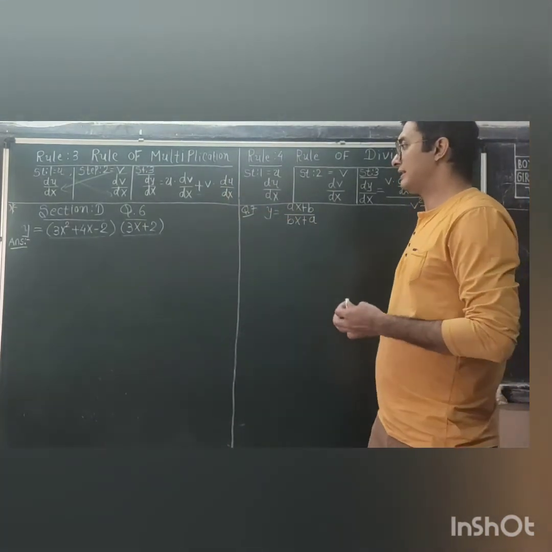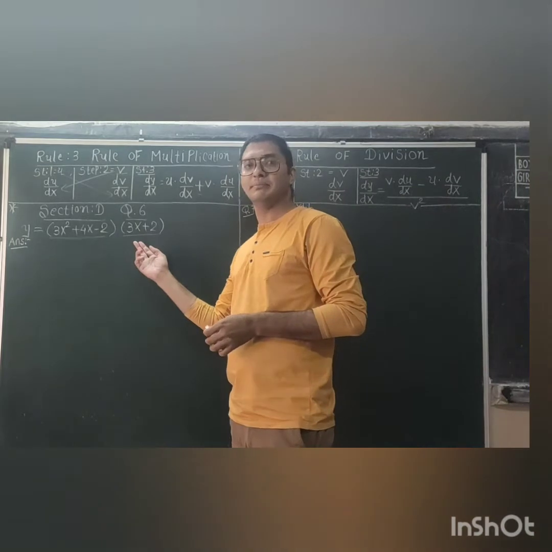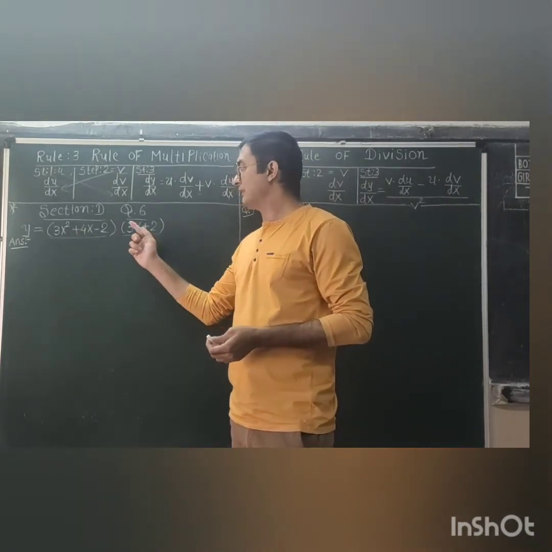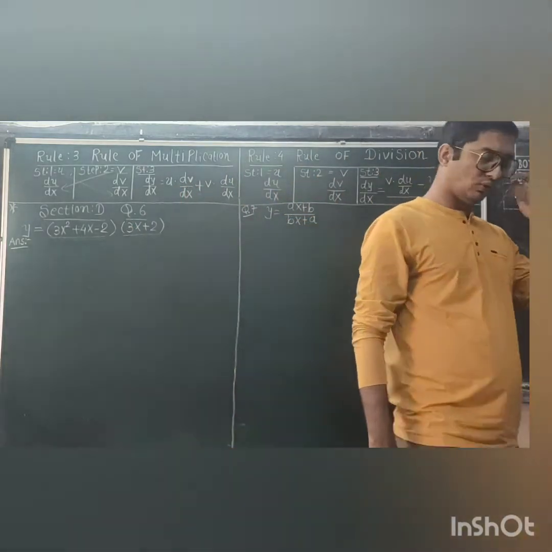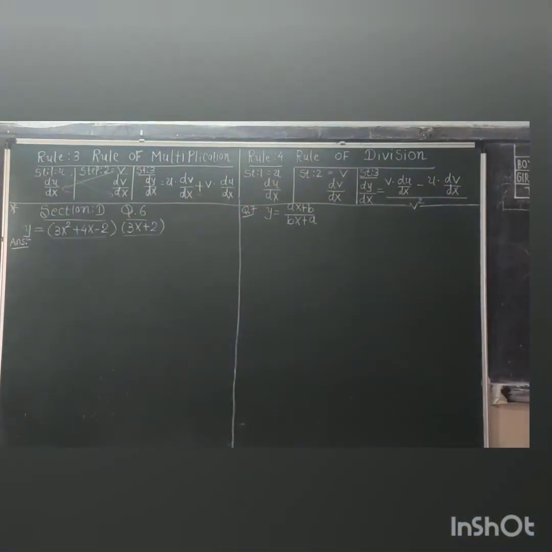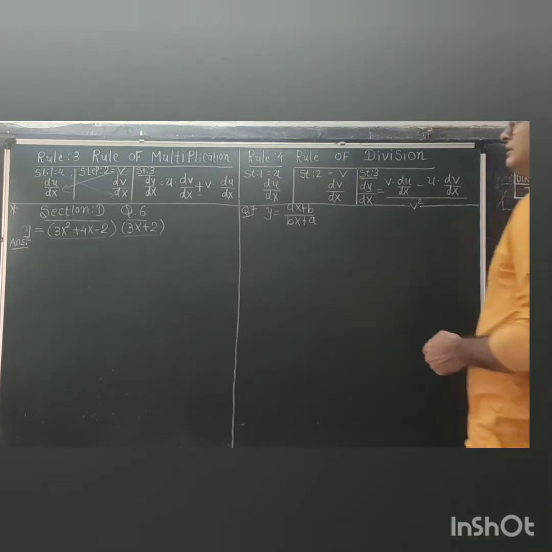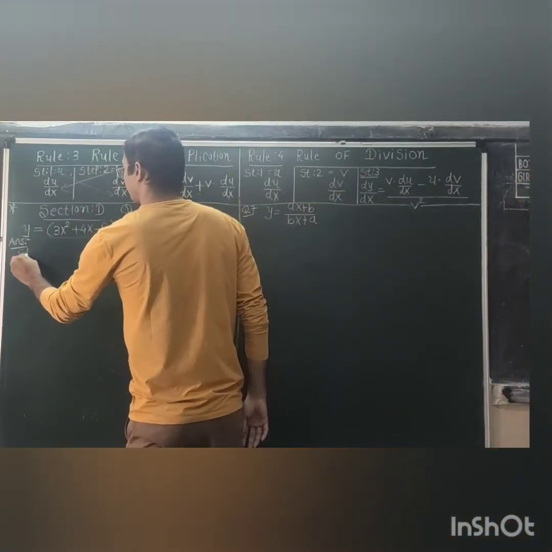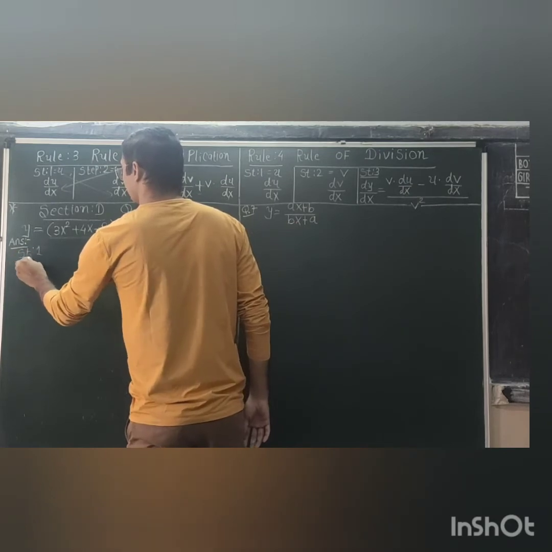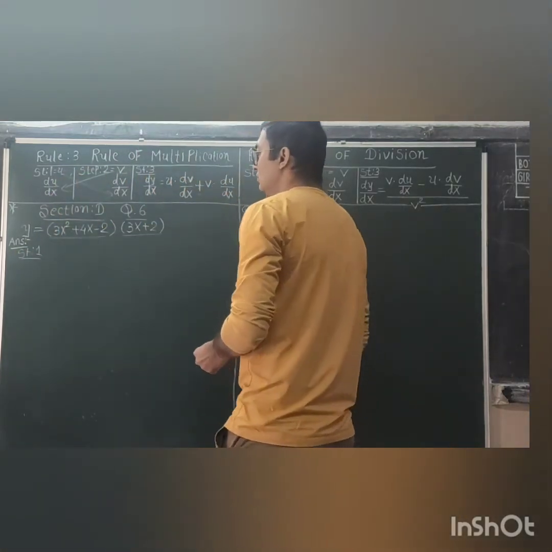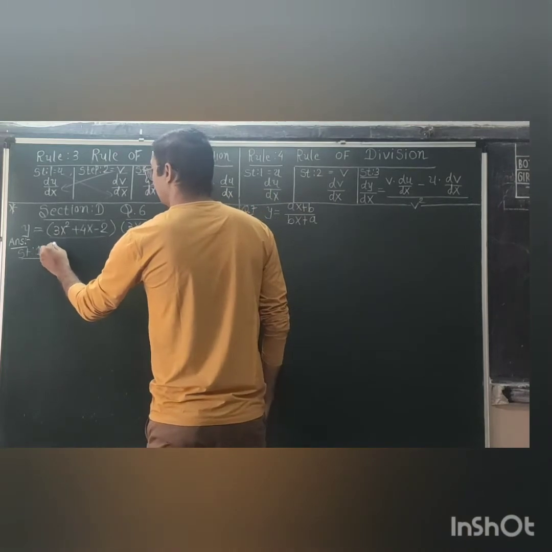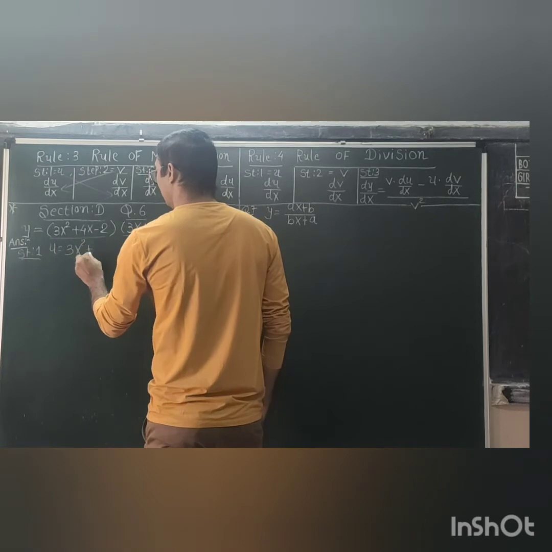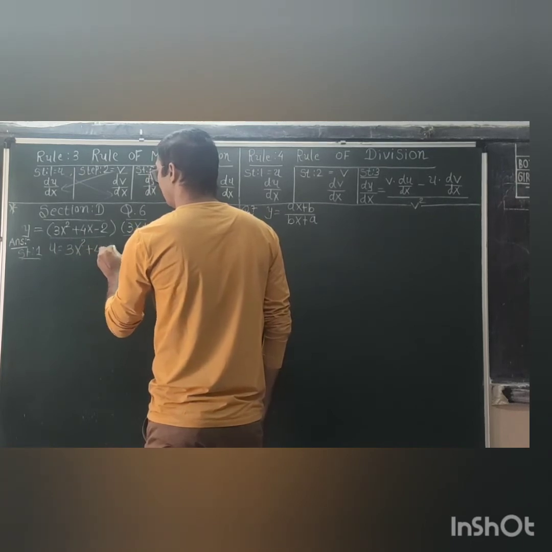Let us start one simple sum based upon this rule of multiplication. Here two functions are given and between these two functions there is a sign of multiplication. So the first function, step number 1, that is u. So we can say that u is equal to 3x square plus 4x minus 2.